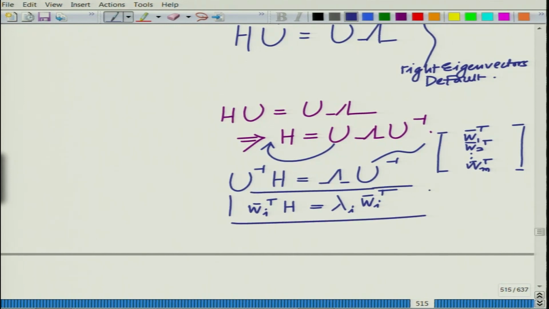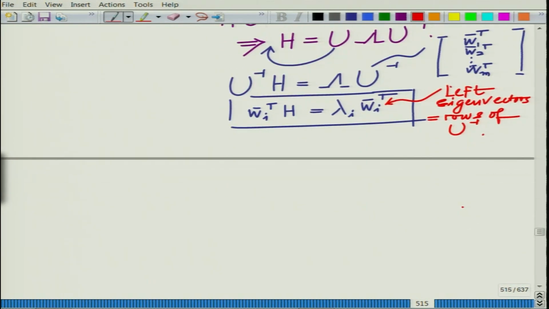So, these rows of U inverse are the left eigenvectors.